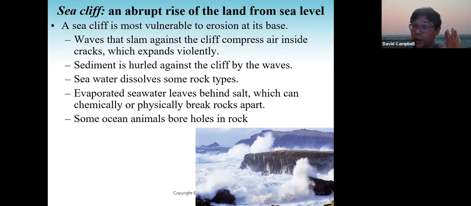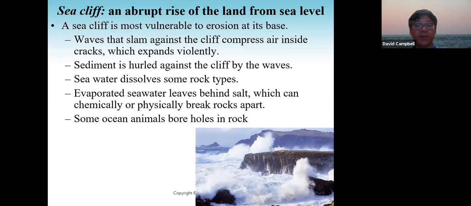Likewise, waves will be carrying sand and mud and rock and whacking that on the cliff. Some rocks will actually tend to dissolve and break down with the exposure to the salt water. As water gets in and evaporates, the salt crystals growing can help push cracks open, as well as chemically be hard on the rock. There are some types of ocean life that will make holes in rocks.